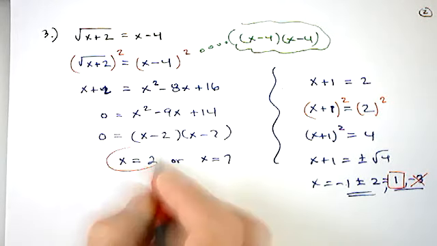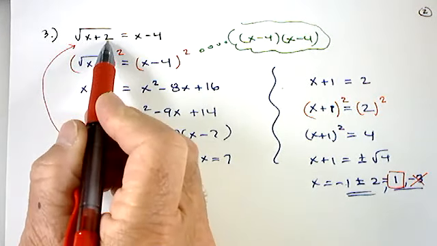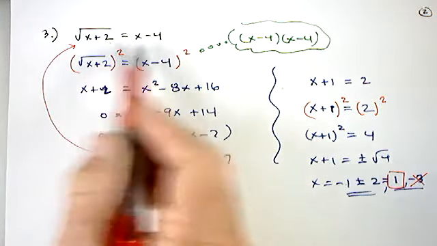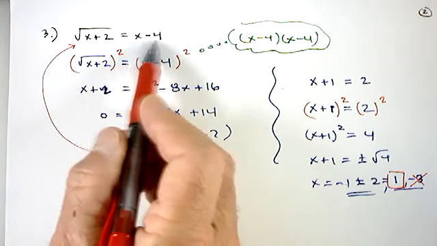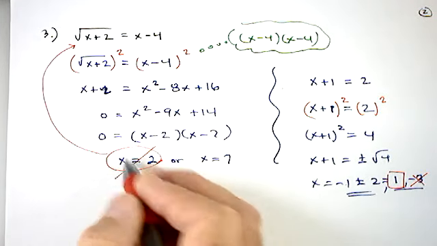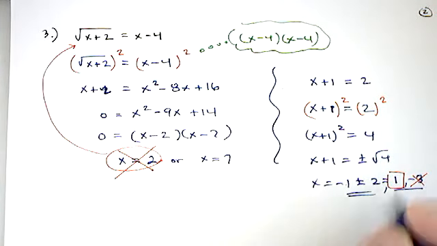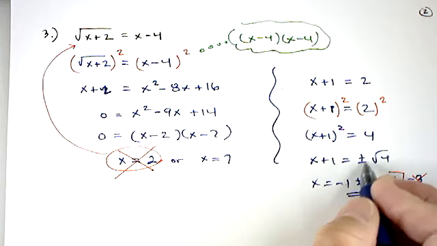So if I plug 2 in here, and you can just do this mentally, 2 plus 2 is 4, the square root of 4 is 2, but that does not equal 2 minus 4. That equals -2, right? So this is not going to work. By the way, just a side note too, remember that when you solve an equation by taking the square root of both sides, to get both answers, you do need to put plus or minus.